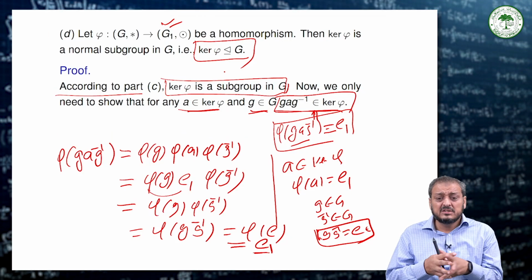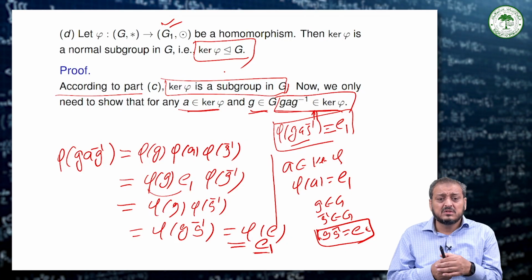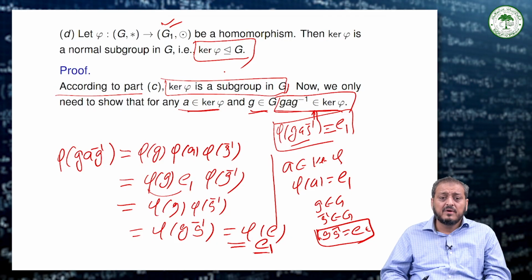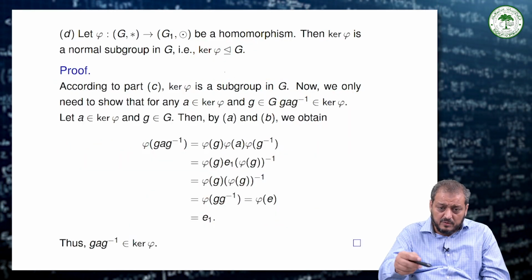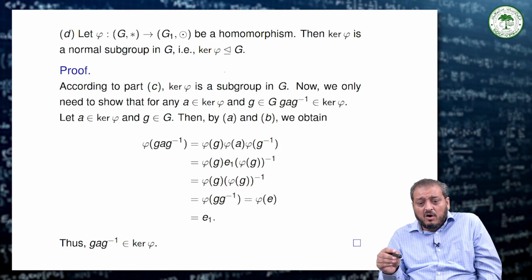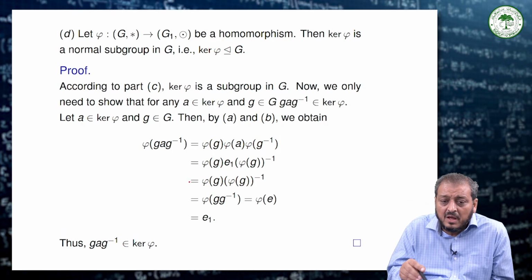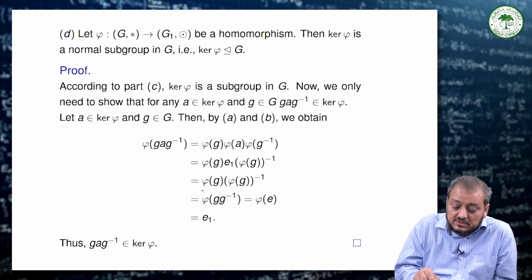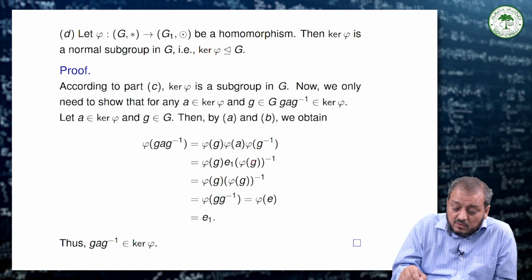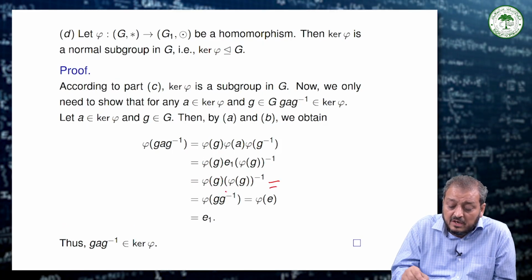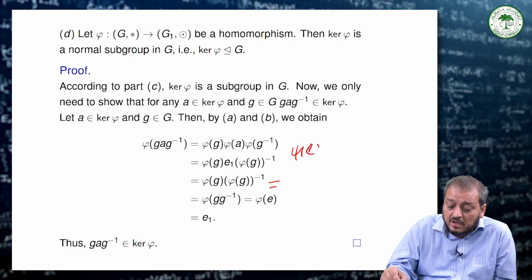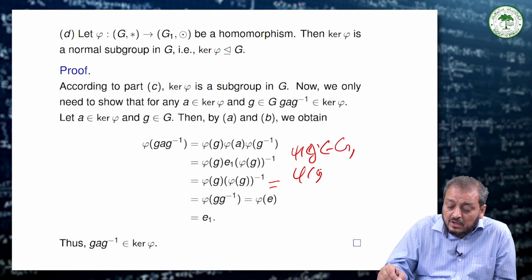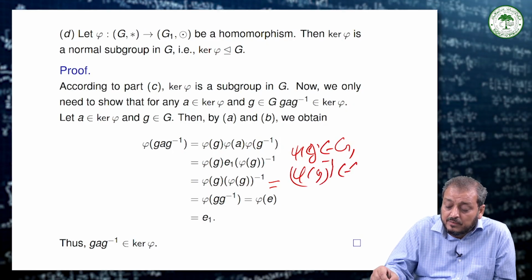So this is the other part we have to prove, and now we have one more. Phi of g is an element of G1, and then phi of g inverse is also an element of G1.